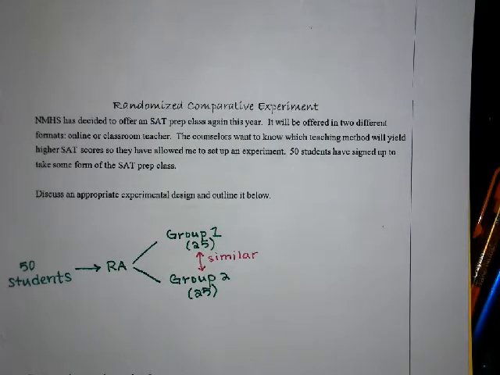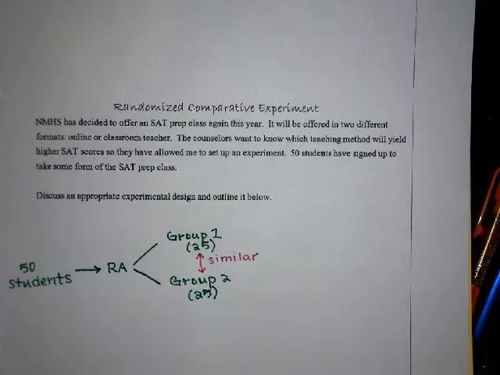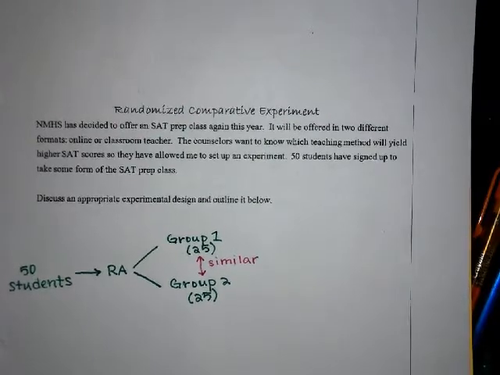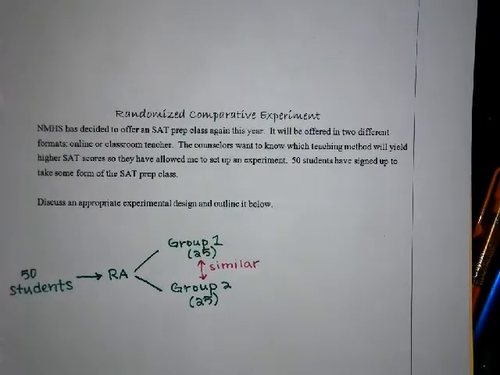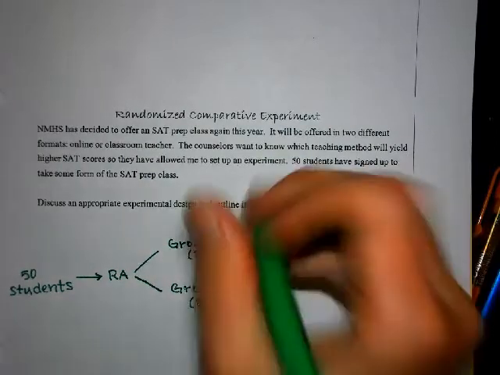That is the whole reason for random assignment and experiments, using some sort of randomness in our samples, is so that we can mirror the population and these groups mirror one another. And then I'm going to say group 1 gets treatment 1.